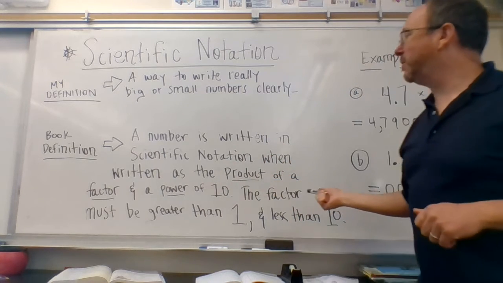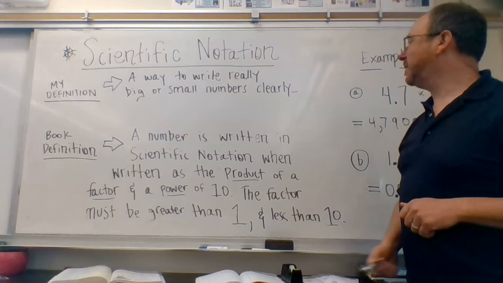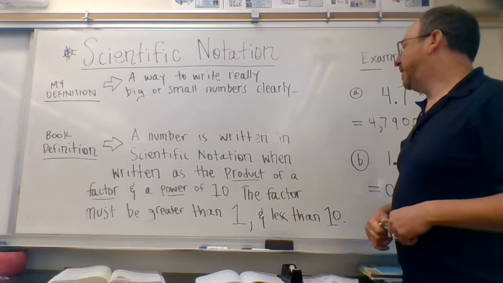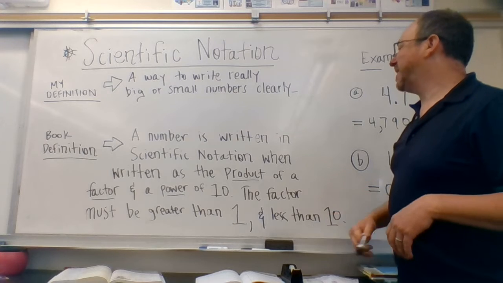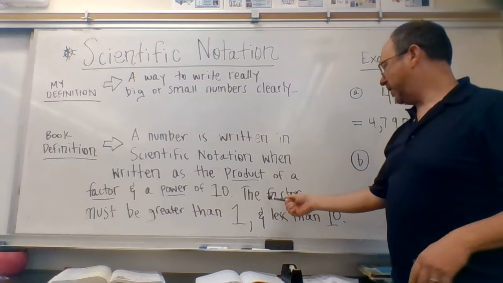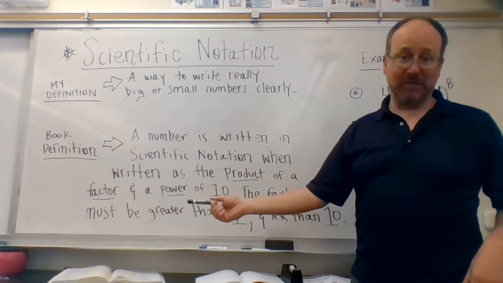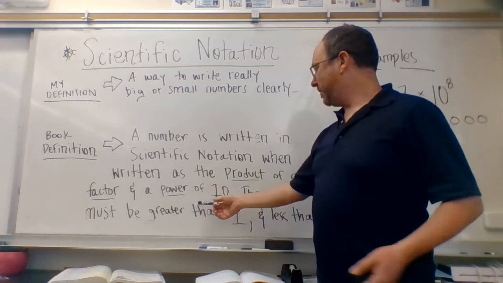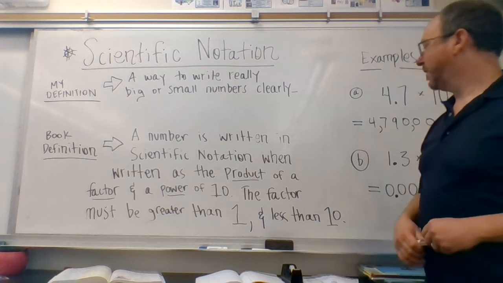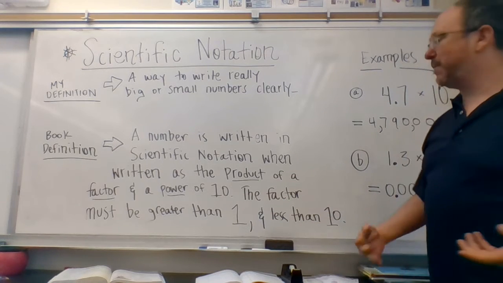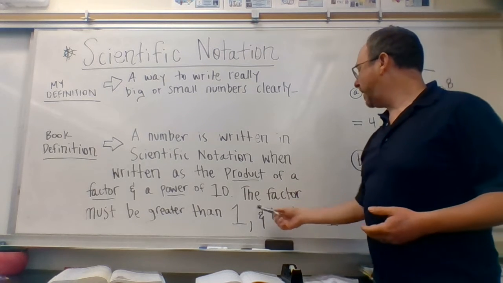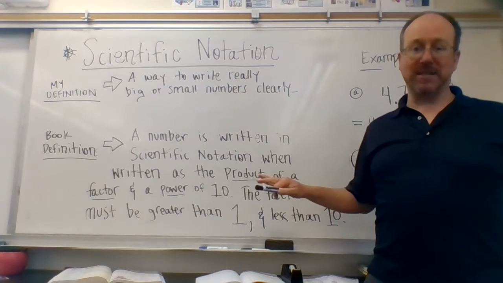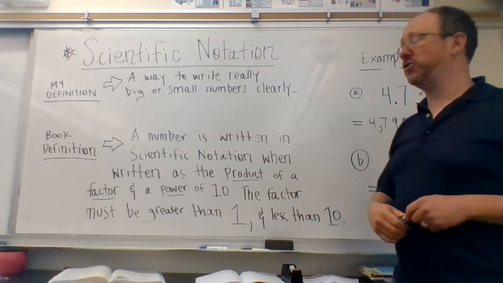If you look it up in the book, it's going to say a number written in scientific notation is when it's written as the product, multiplication, of a factor, a number, and a power, an exponent of 10. The factor, that number, must be greater than 1 and less than 10 for it to be in scientific notation.